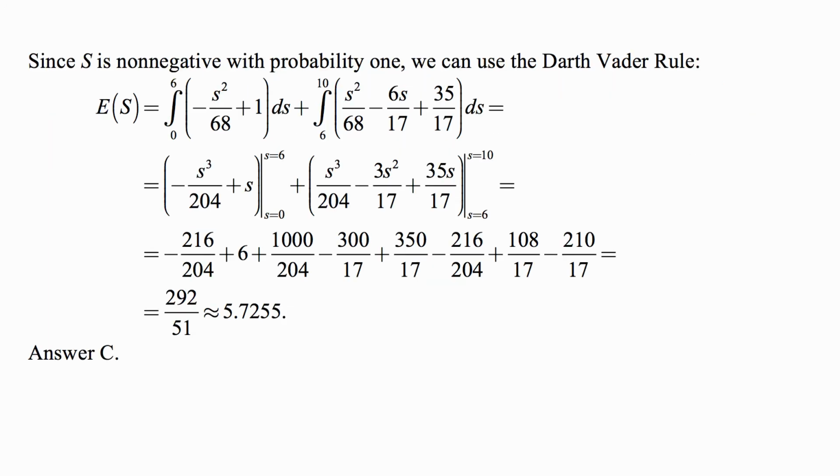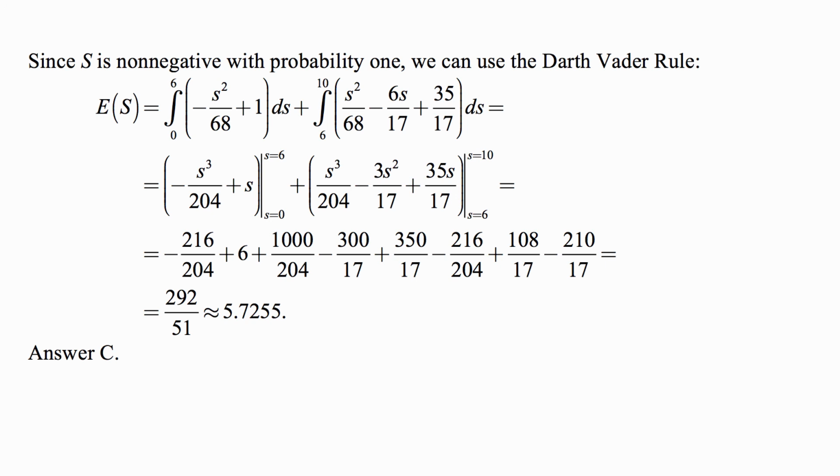So the expected value has to be equal to the integral from 0 to 6 of minus s squared over 68 plus 1, plus the integral from 6 to 10 of s squared over 68 minus 6s over 17 plus 35 over 17. And the first integral is minus s cubed over 204 plus s evaluated from 0 to 6.